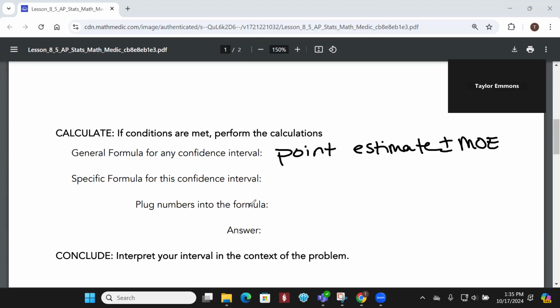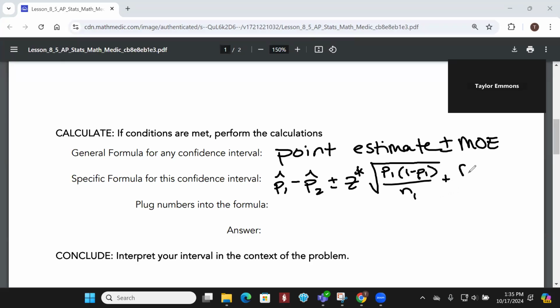Now the specific formula. This one's a little crazy, so bear with me. P1 minus P2 plus or minus the critical value, z star, times the square root of P1 times 1 minus P1 over N1 plus P2 times 1 minus P2 divided by N2.